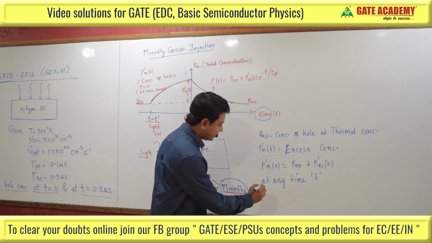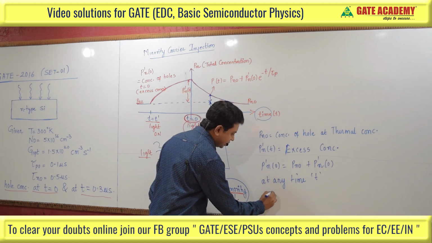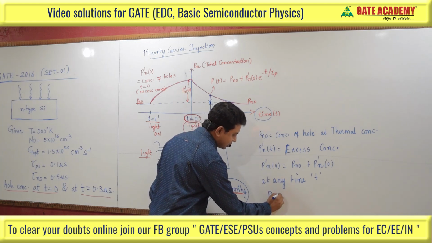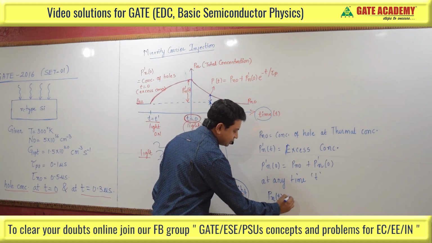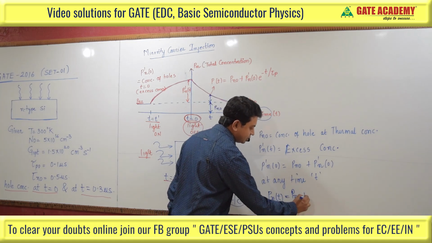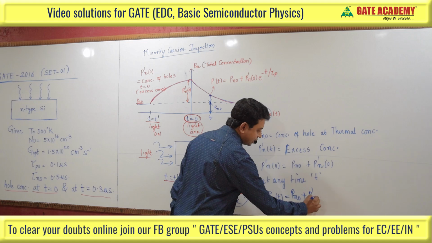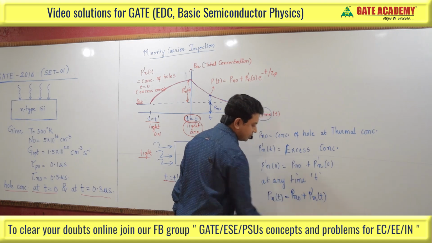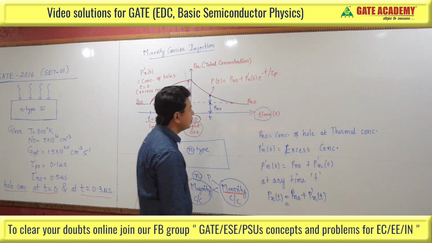So we can write here, at any time t, the total concentration is represented by Pn(t). This is the summation of the initial concentration Pn0 plus the concentration at any time t.